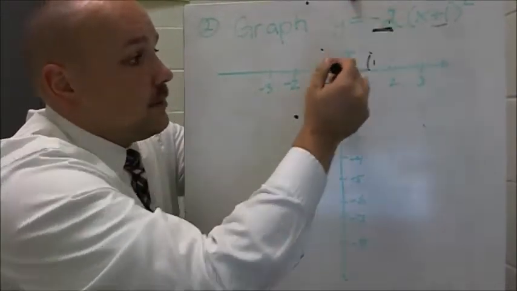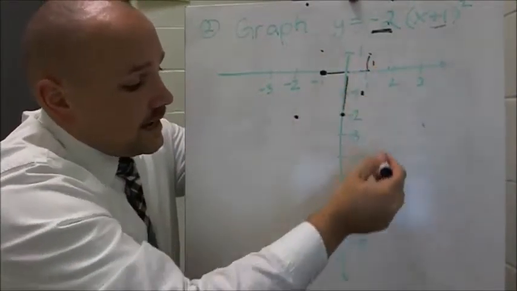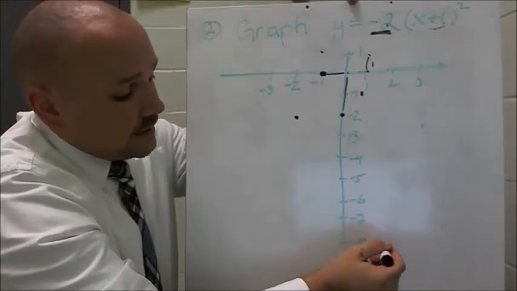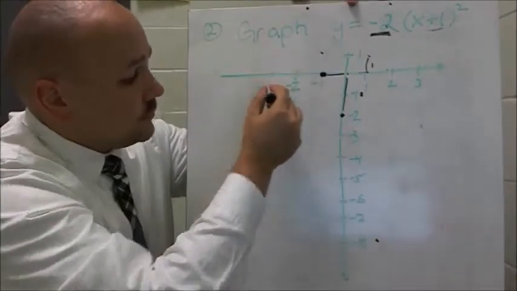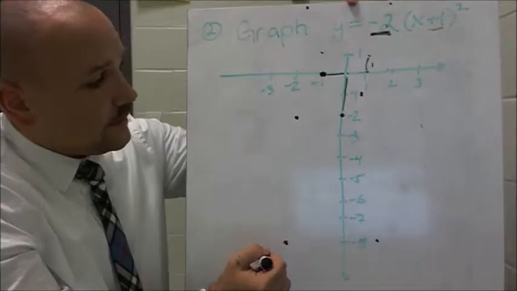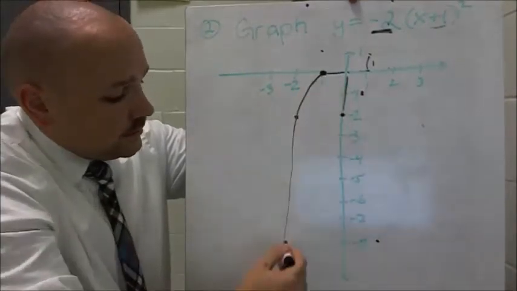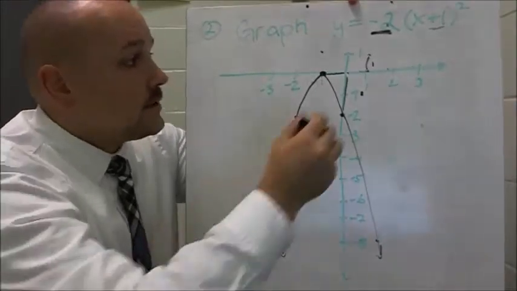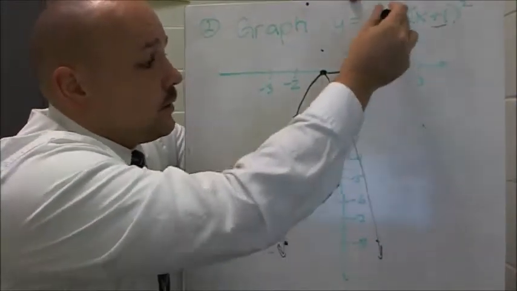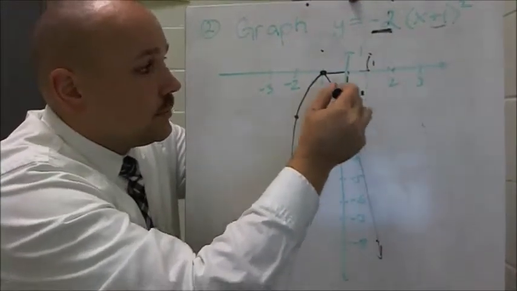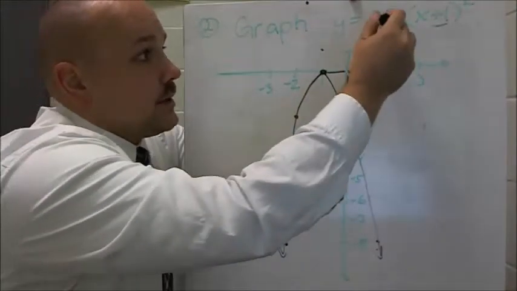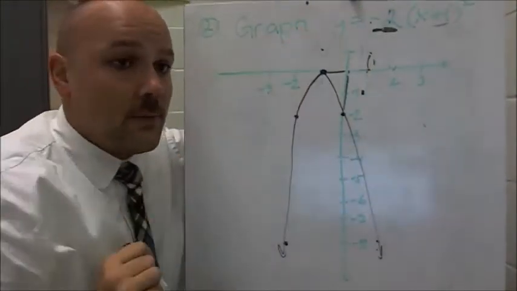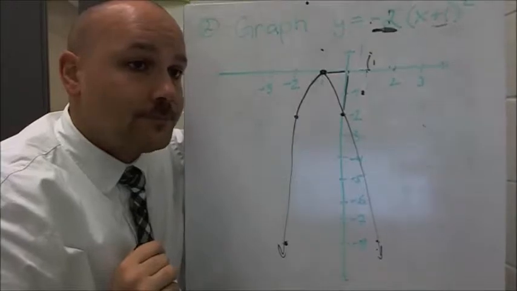Well, now that gets doubled to 2, 8, and we're going to go down because it's negative. So there's our new parabola. Instead of 1, 1, 2, 4, we're going 1, 2, 2, 8. So we're doubling all the numbers and they're going down because of that minus.